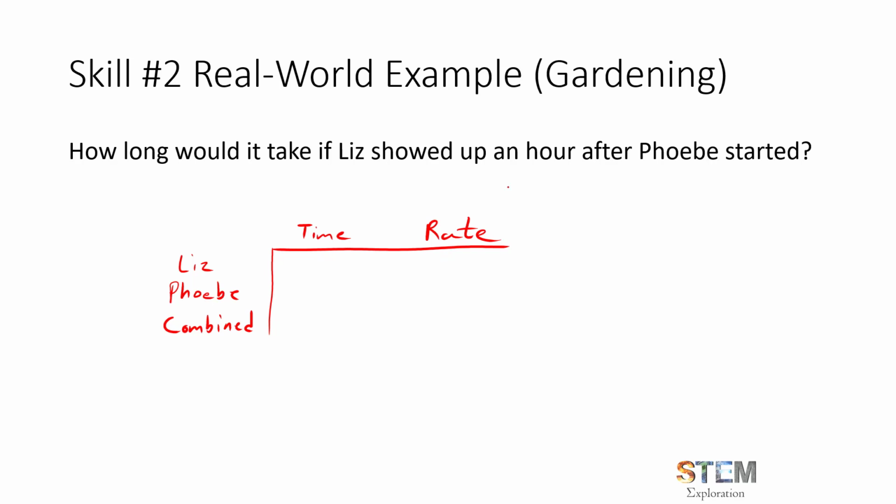But if there is a situation where it says someone showed up an hour later, we understand that we still have the rate of 100 over 4.5 hours. And if we take rate times time, we should get completion, right? Let's say percent completion.